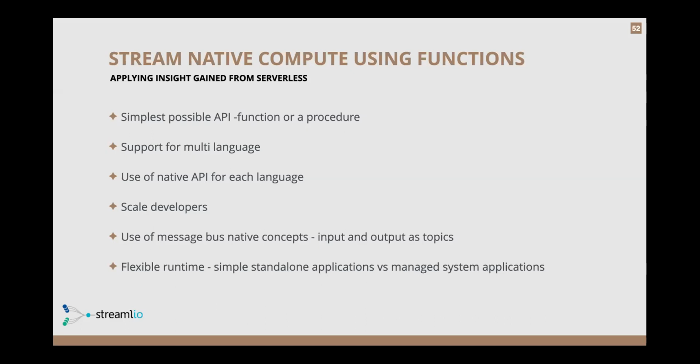That allows you to scale up to developers, so you can have multiple developers writing these simple functions. And you have the native message bus concepts: inputs and outputs are topics. So people are familiar with that very basic processing model and are very comfortable with their programming language of choice.